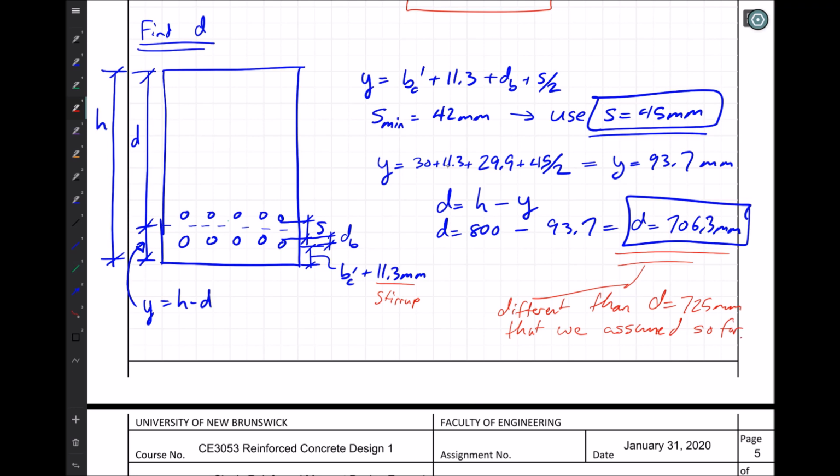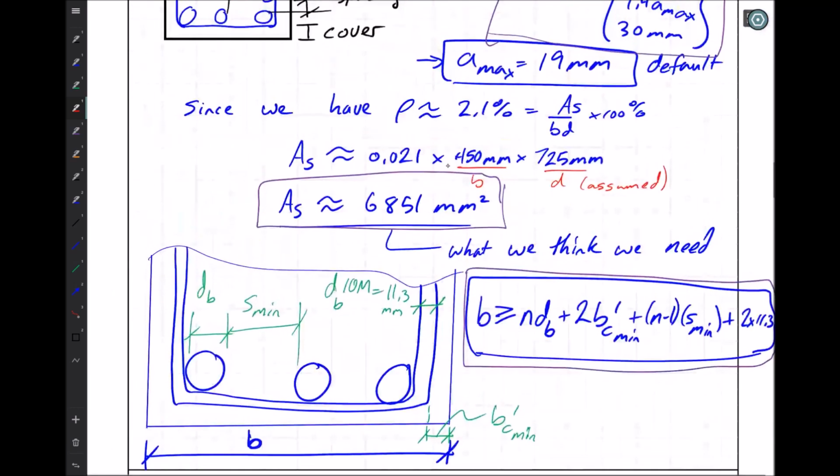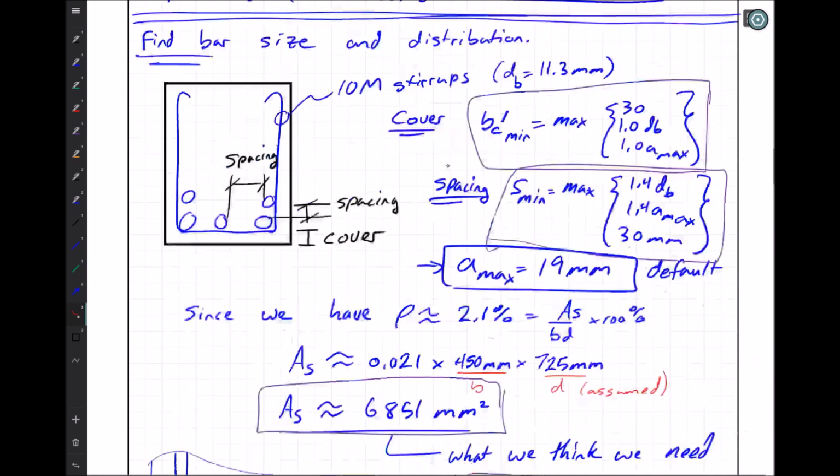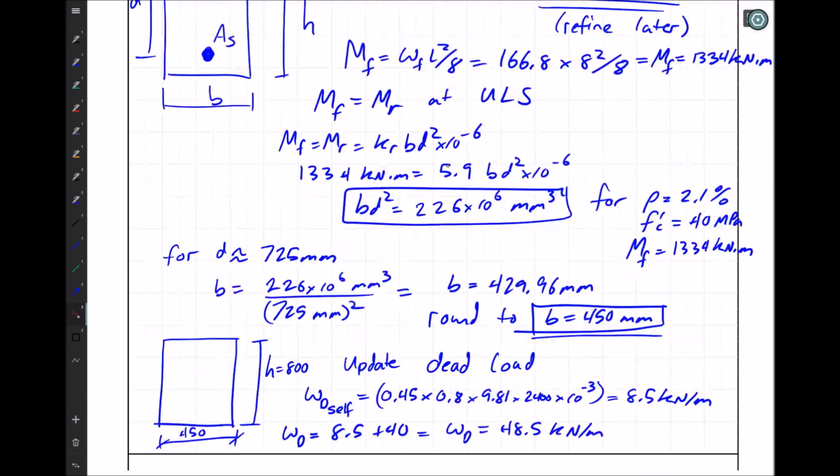But let's look back really quickly at where we mostly used that. We picked a value of D here to use, and that D gave us the amount of steel that we're going to need in the equation up here. Where is it? Here.